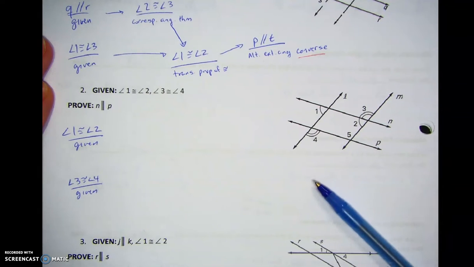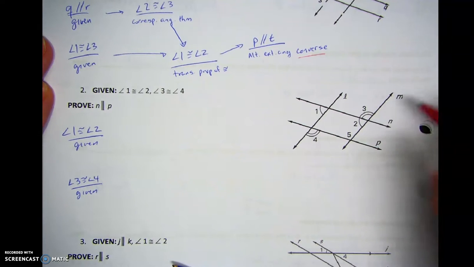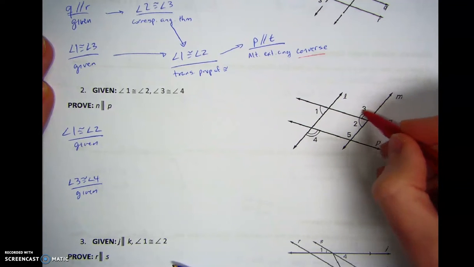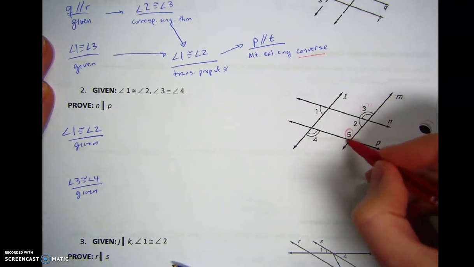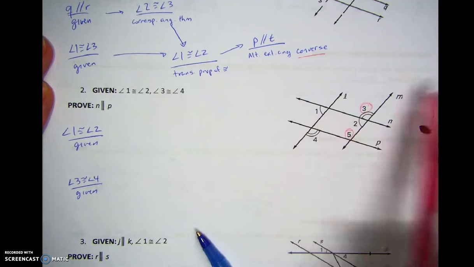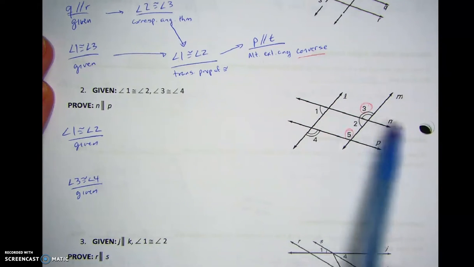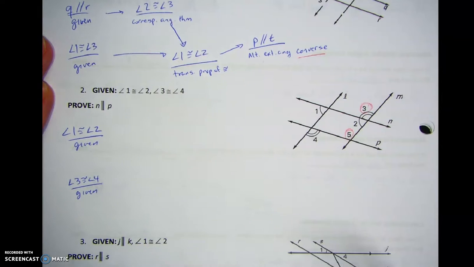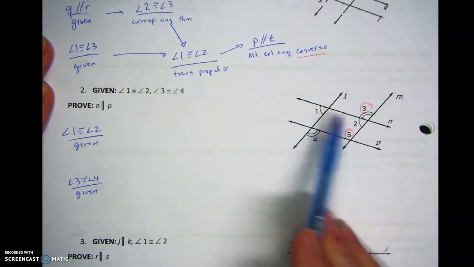And we notice here, by the angles that are labeled, probably 3 and 5 is a good goal to get to. 3 and 5, we already have something about 3 and 4. But we don't have a lot to work with because nothing's parallel. So maybe we start by looking at angles 1 and 2.